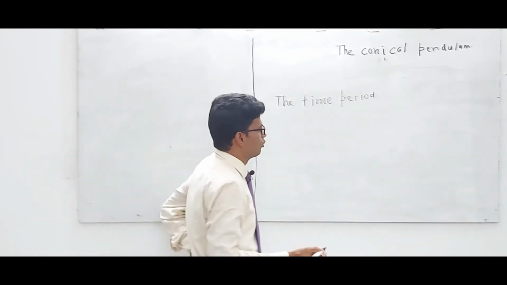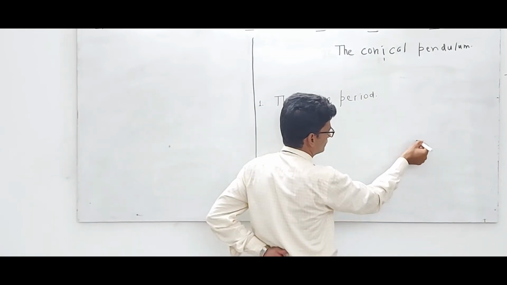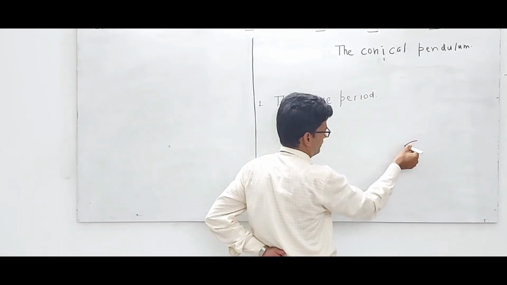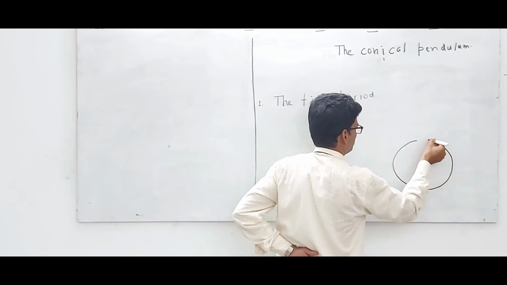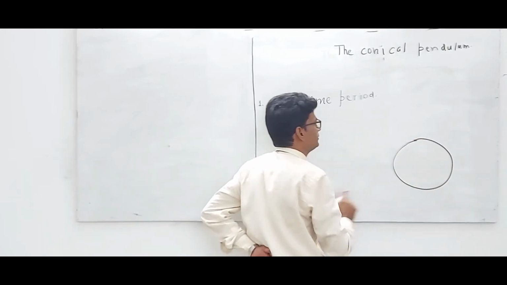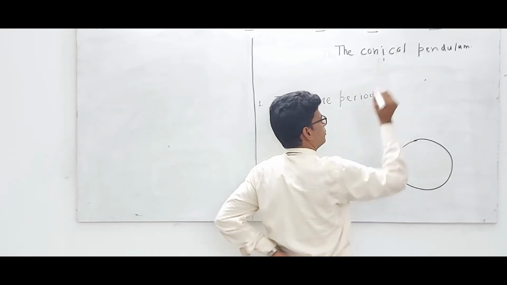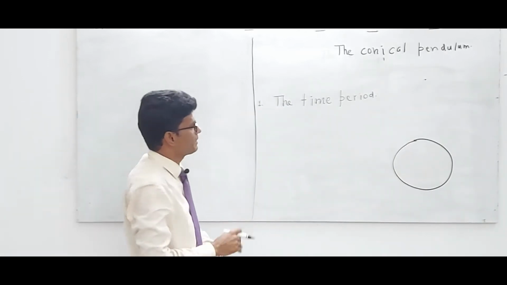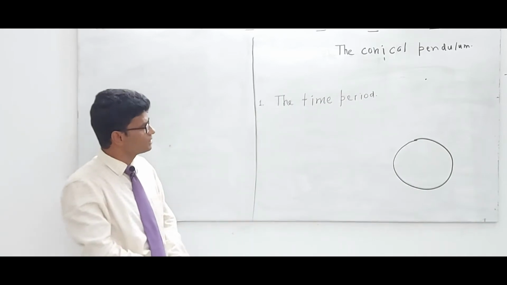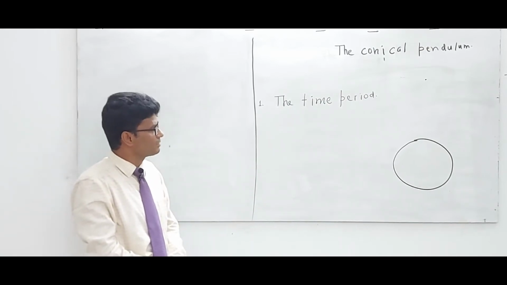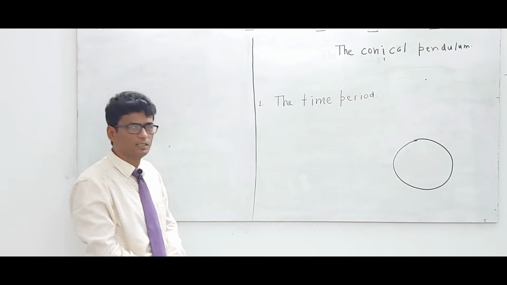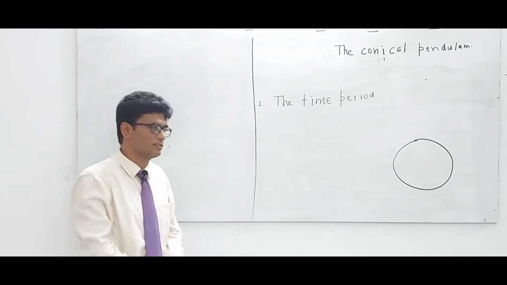Firstly, we are going to make a horizontal circle on which the bob rotates. Look at here. So here is the peg or the point of suspension about which this bob together with the string rotates.